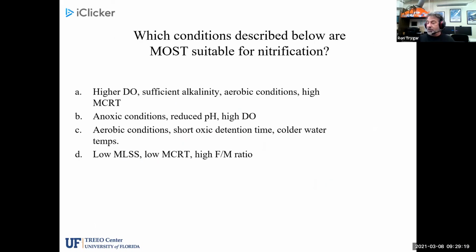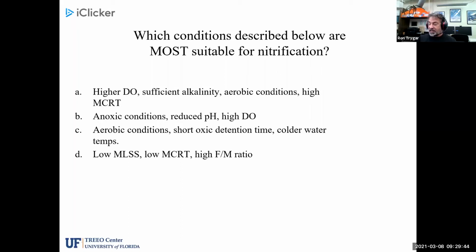Okay, so here's a couple of questions, and then we'll wrap this up. The first question says, which conditions described below are most suitable for nitrification? A, higher DO, sufficient alkalinity, aerobic conditions, and a high MCRT. B, anoxic conditions, reduced pH, and a high DO.